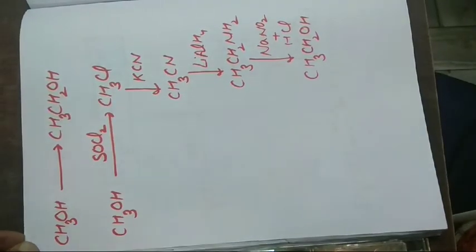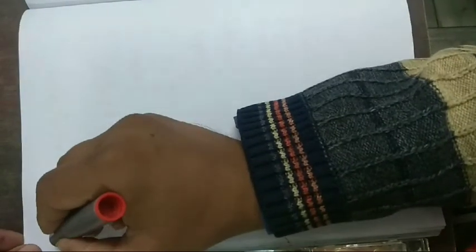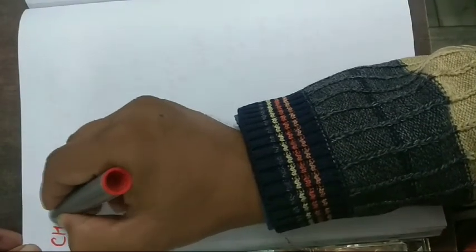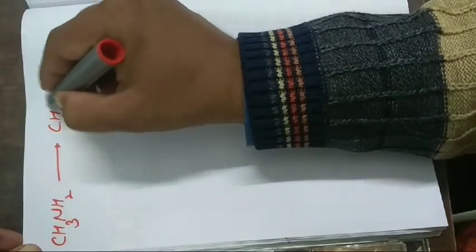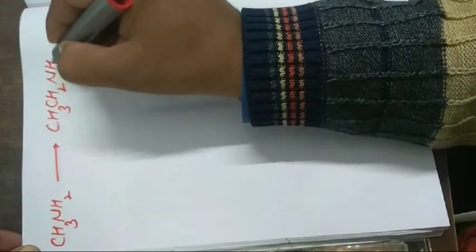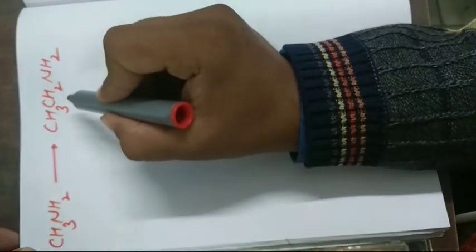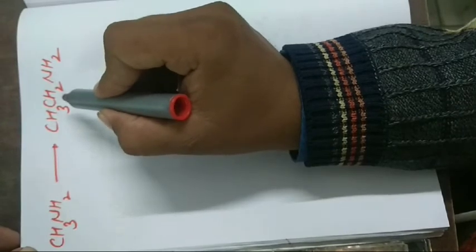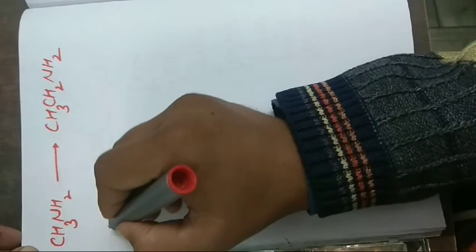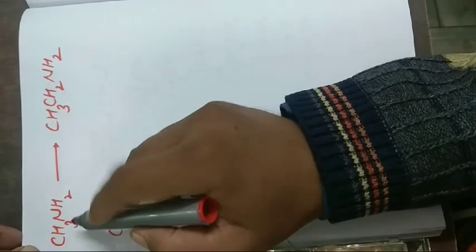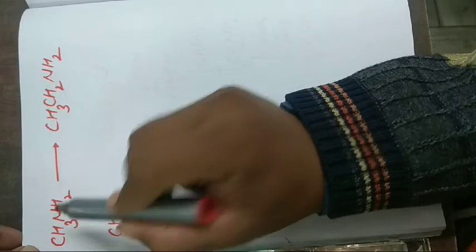I am giving another example in which I will convert CH3NH2 into CH3CH2NH2. That is another example of a step-up reaction in which one compound gets converted into another compound of the same family. This compound has one more carbon than that compound. First of all, we have to convert it into an alkyl halide, but we know we can't directly convert an amine into an alkyl halide.